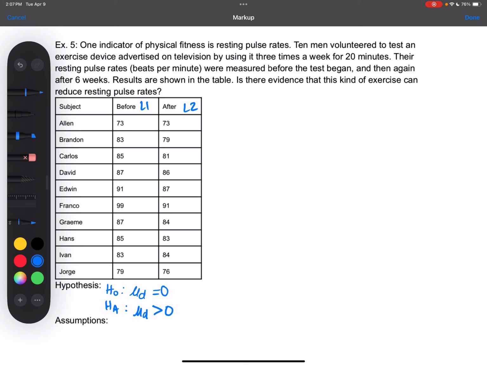So let's go ahead and do the difference here. It's going to be in L3, it'll be B minus A, so L1 minus L2 to produce L3. We don't have to write all the numbers down here, but just store them in the list again like you did before.